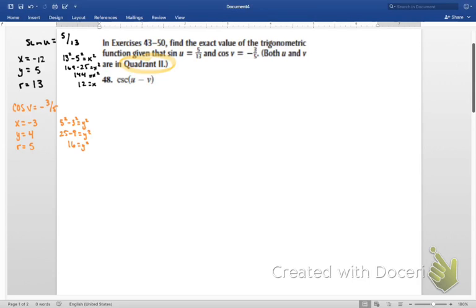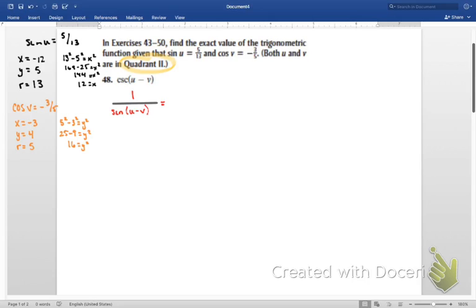So once I find all my other values, I want to turn everything into sine. So cosecant is 1 over sine. So if I go with 1 over sine of u minus v, now I can go to work.